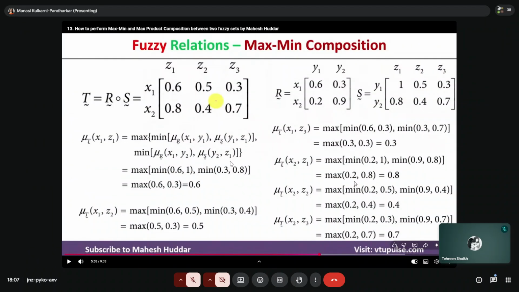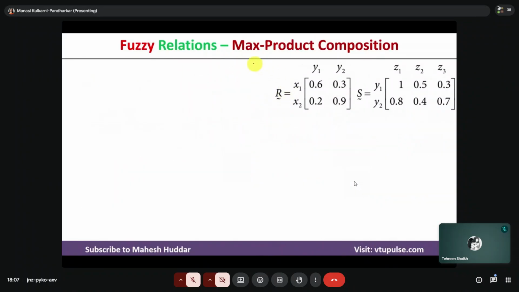Ma'am, right. Yes. Okay. So we got the max min composition. We will go for one more problem and then I'm going to give you one problem for solving. This is how we can perform the max min composition on the given fuzzy relations so that we will get the new fuzzy relation here. Now we will discuss how to perform max product composition on the given fuzzy relations.